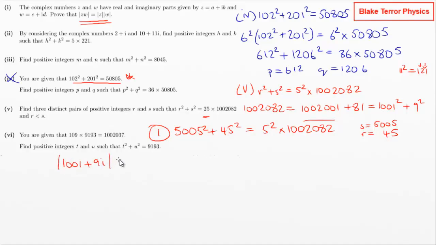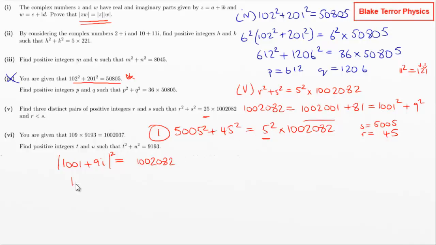If I got the mod of that, we've already said it comes out at this. And then I need to multiply that by something which has got a 25 for the square of the magnitude. Yeah, that's what I need in order to have this.